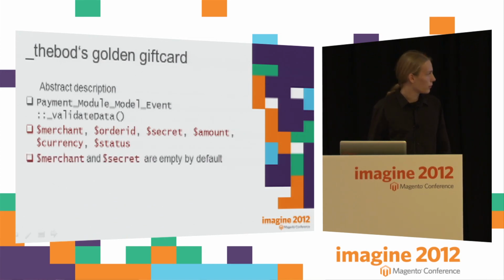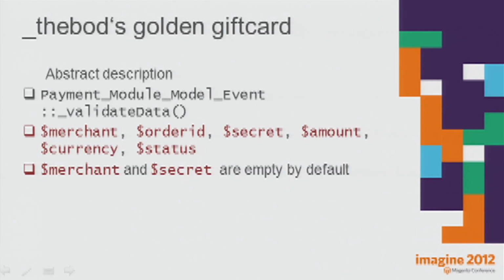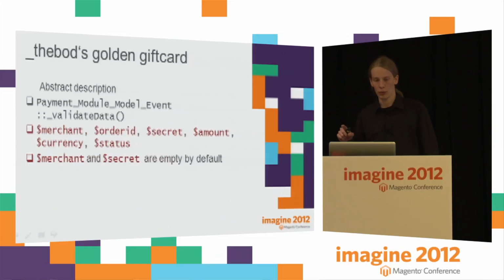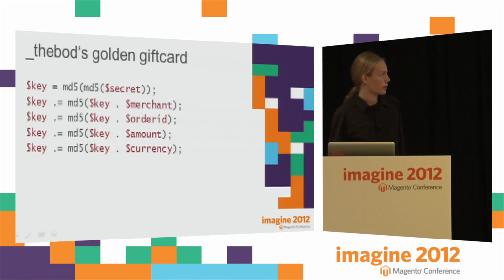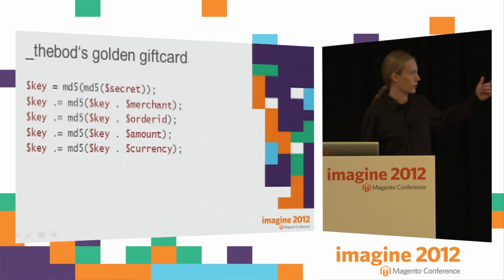So the point is merchant and secret, they both are empty by default because this module is in the core, it's active, but I would say about 85% don't use this module. So it's active, but with 2 empty secret arguments. So this is basically how the key is created.